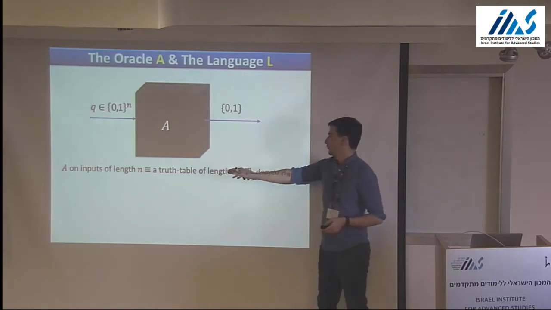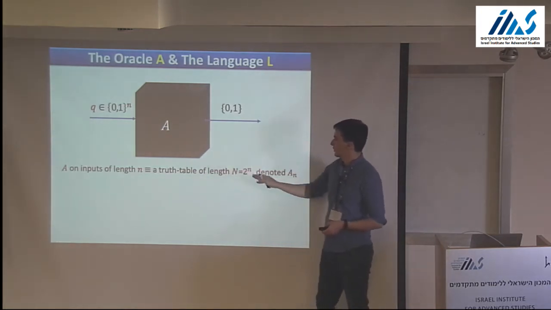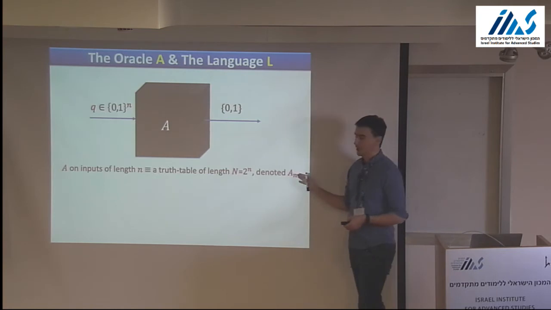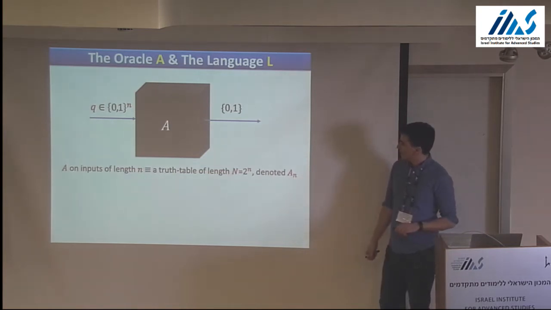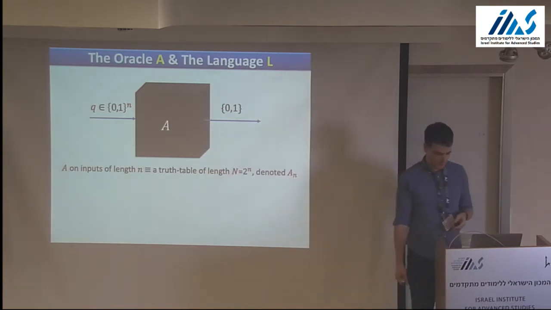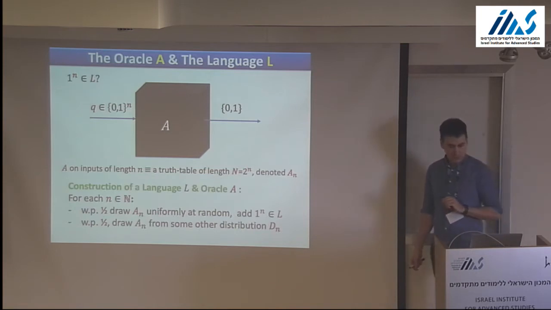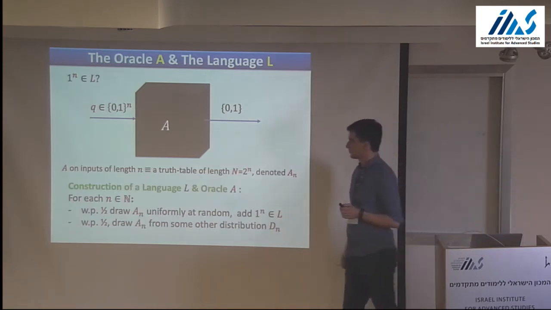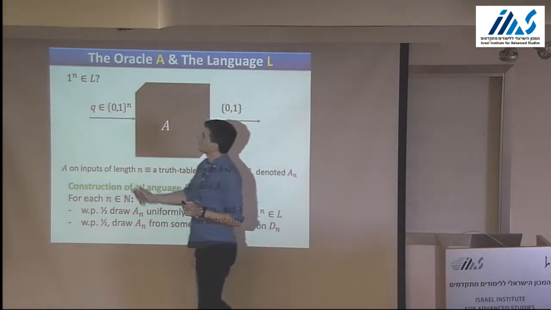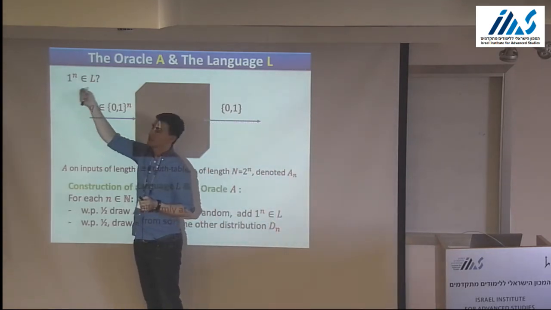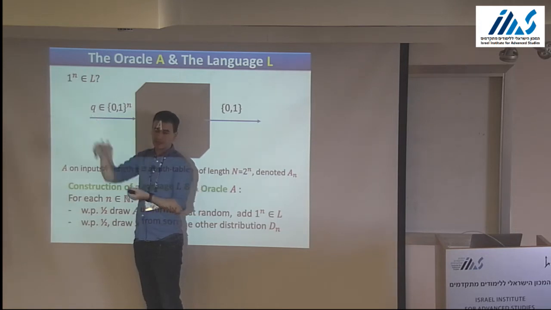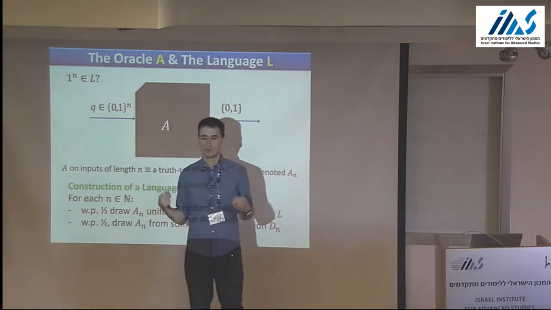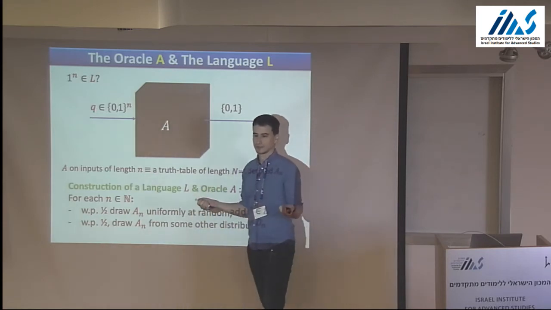And we recall that we can think of it as a truth table of length capital N, and I'm denoting how the oracle behaves on strings of length little n by A subscript n. Okay. So I'm going to construct a unary language, and I just need to say which unary strings are in the language and which unary strings are not in the language. So for each input length, I need to make a decision.